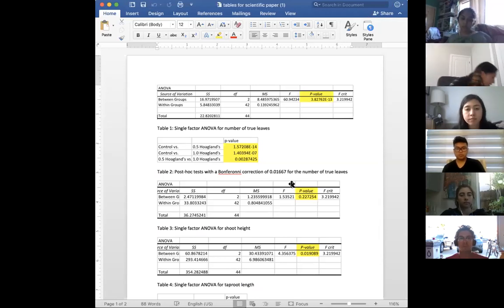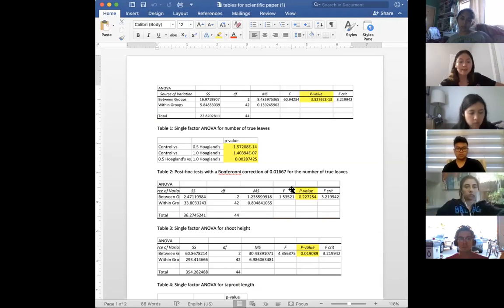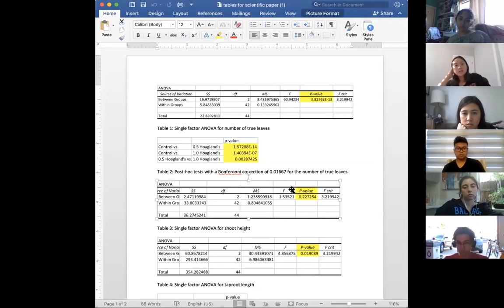Okay, so this is what essentially your tables should look like for the scientific paper. Like I said, there are 8 total. So this right here, the first table at the top, again, you don't have to order it the same exact way that I did. You could do shoot height first, taproot length first, whatever you want. But I just did true leaves first because that was the first sheet in the Excel document.